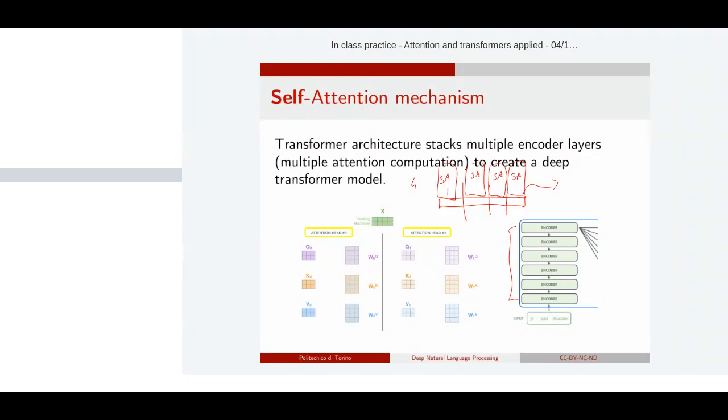If you think about images, perhaps one head can pay attention to colors, the other to the contours, the other to other aspects of the image. In text it is a little bit fuzzier, but one can pay attention to the topic related to the word, the other to the emotion related to the word. It's actually not a very clear distinction because it's learned during training, but the idea is that this works better than having a single head, and this is what is done in all transformers right now. So we apply multi-head attention.